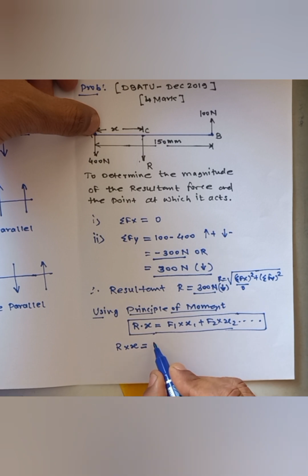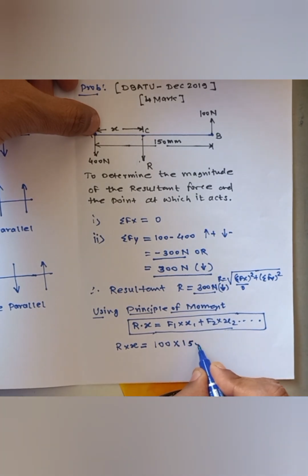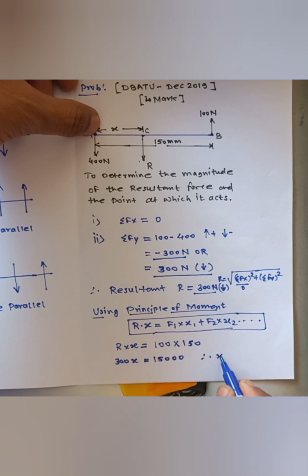So the moment of 100 Newton is 100 into perpendicular distance 150 mm, so 150. We know the R value, that is 300, so 300x is equal to 15000, and hence x is equal to 15000 divided by 300.